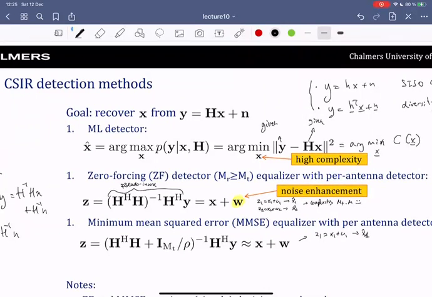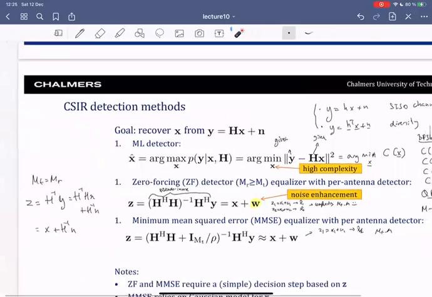This means that the complexity of the detector is again MT times M, so that's good, still linear complexity. You will typically have better performance than zero forcing. You can derive this detector from the MMSE criterion, where you assume that X is Gaussian, and after some math, you will find this expression.